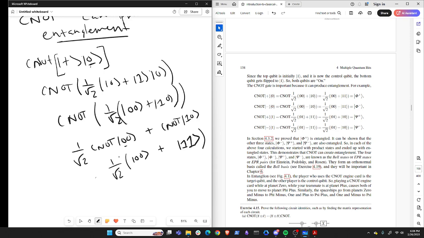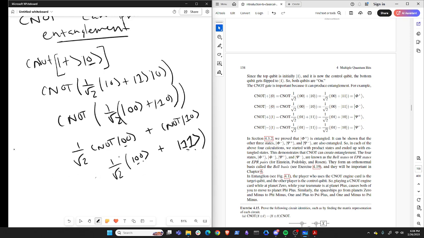This doesn't affect the second qubit. It doesn't collapse this, and it doesn't push it to be anything. We still have an equal probability of being 0 or 1 for our next measured qubit. However, once we apply the C0 to this, we wind up with a superposition, where if the first one is 0, the second one has to be 0. If the first one is 1, the second one has to be 1.